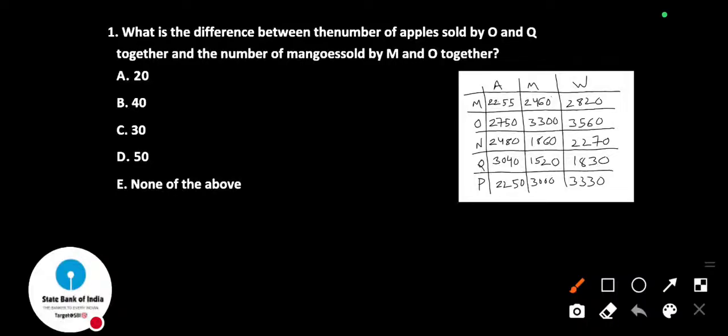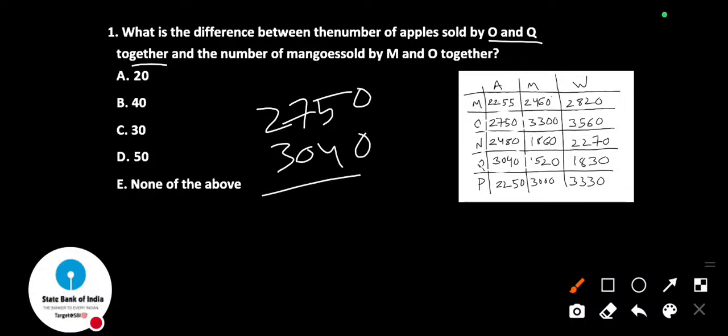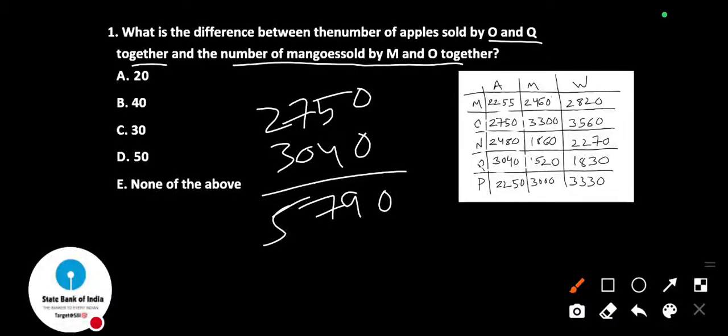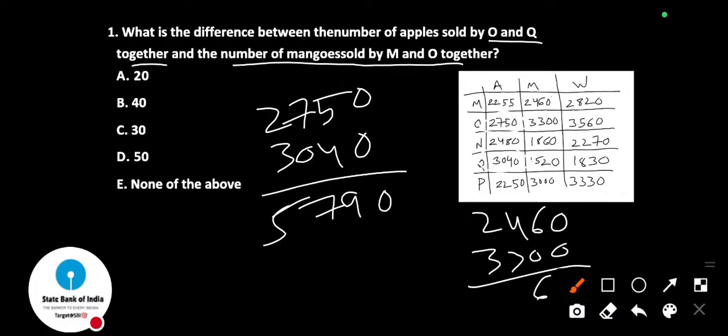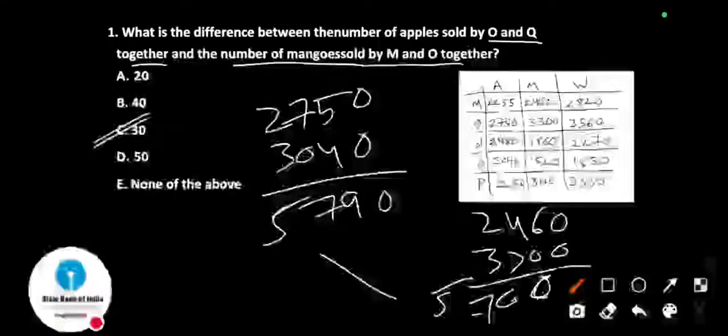The difference between the number of apples sold by O and Q together and the number of mangoes sold by M and O together. Apples sold by O and Q together is 2750 and 3040, so we have 5790. Mangoes sold by M and O together, we have 2460 plus 3300, which is 5760. So the difference between these two is 30. Option C is our answer.